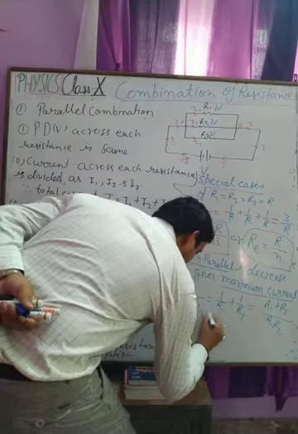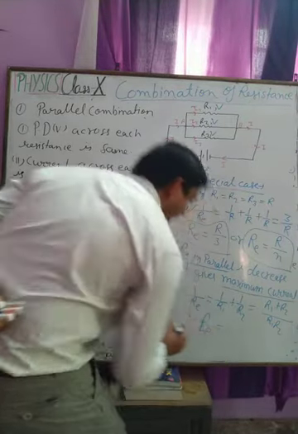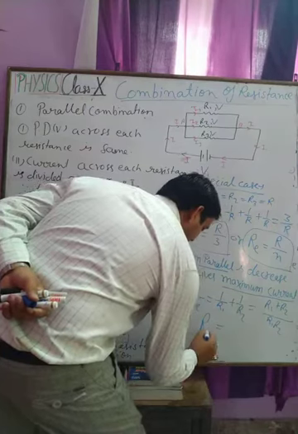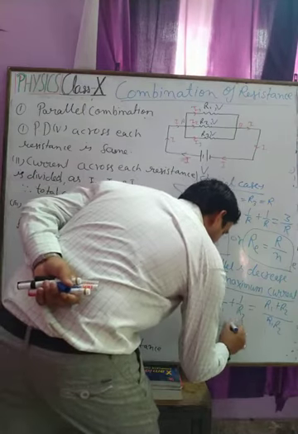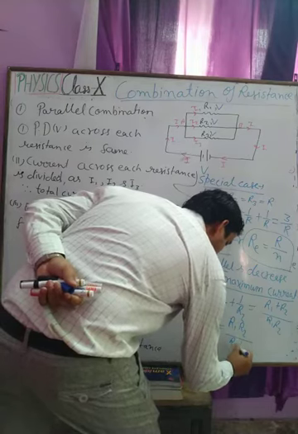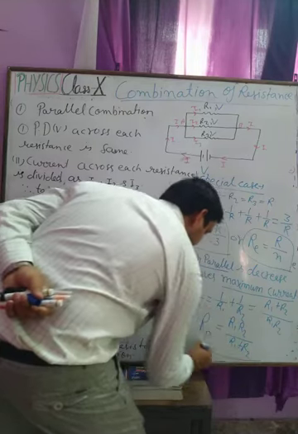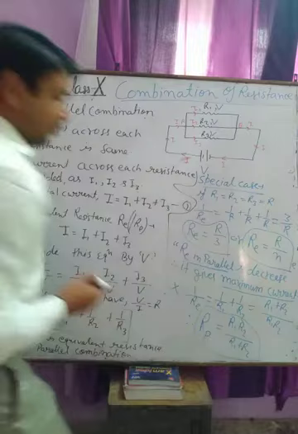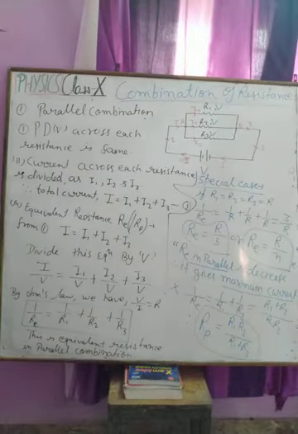Therefore we are using the result Re in parallel combination, that is R1 R2 upon R1 plus R2. So student, copy all this. In the next lecture we are doing numericals on the basis of this combination.